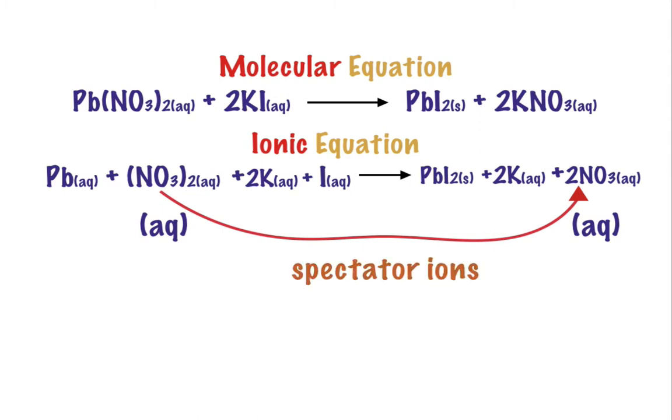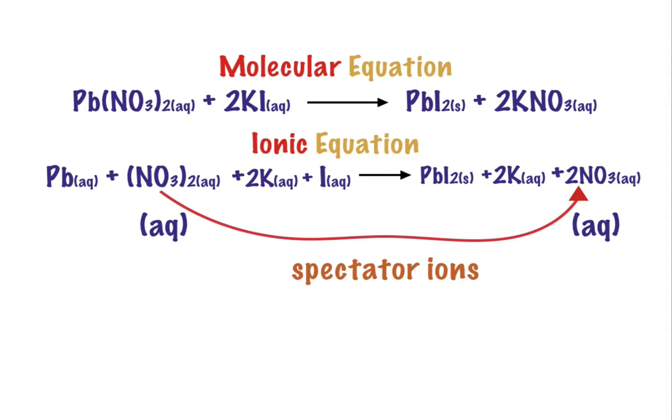Sorry, let me back up a little bit. The fact that there is no reaction here, that it does not take part in the reaction, is what I call a spectator ion, one of my key vocabulary words. Think of the word spectator. If you're at a basketball game or a football game, who are the spectators in this scenario? It's the people who are in the stands watching the game and cheering and yelling.